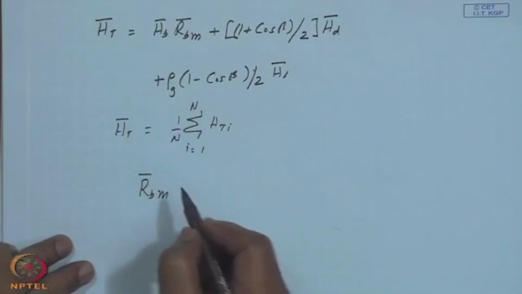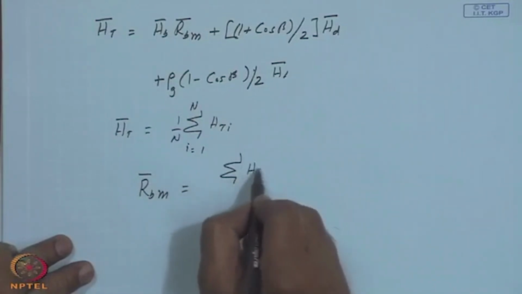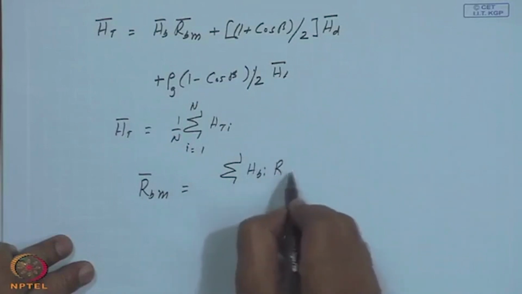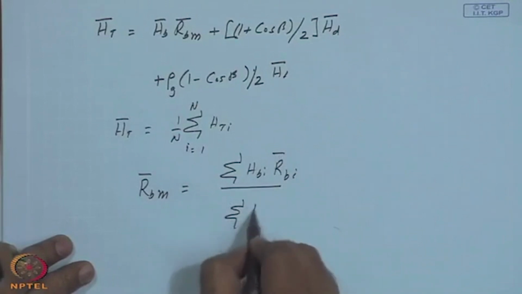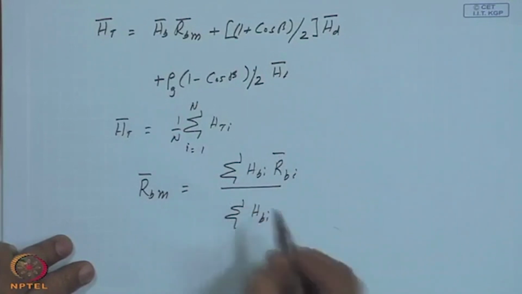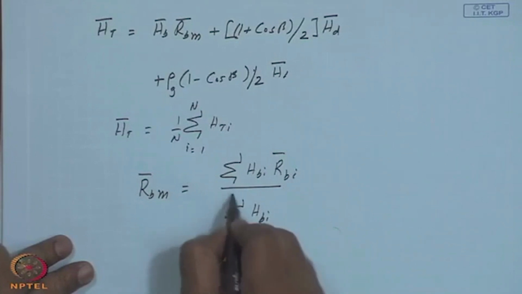indicated by R_B bar m, should be a weighted average of all the day values of the direct radiation by the total for the month of the direct radiation. So, i is equal to 1 to n.